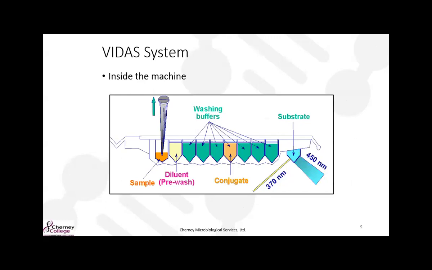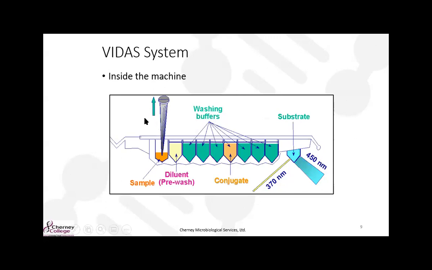So like I said earlier, VIDAS comes with pathogen-specific kits. Those kits come with individual strips for each sample, and each sample also gets what we call a spur, which is the cylindrical cone shape here.